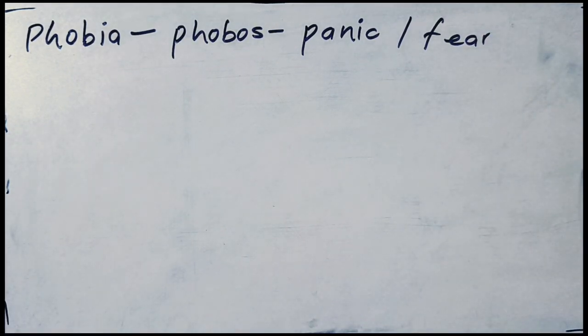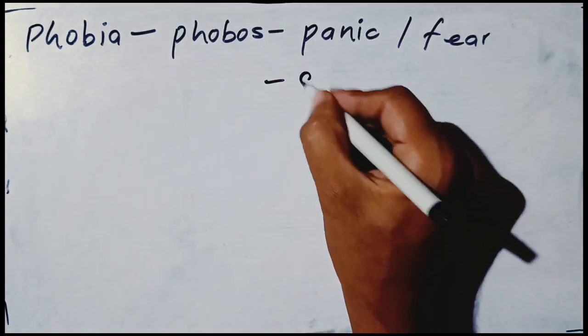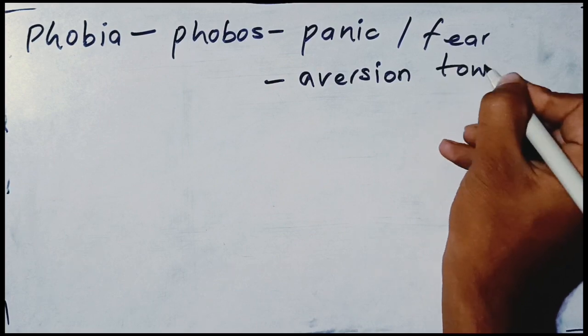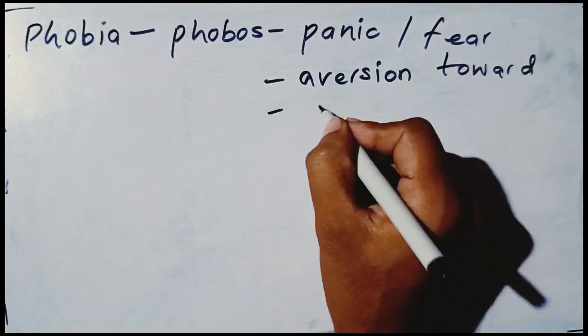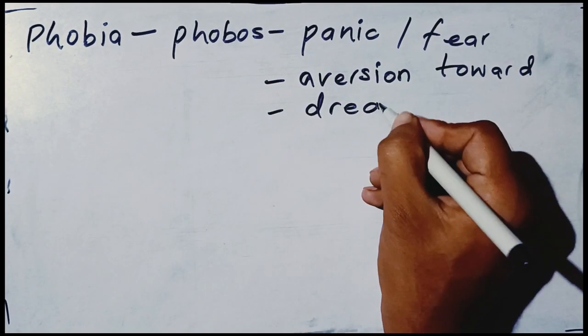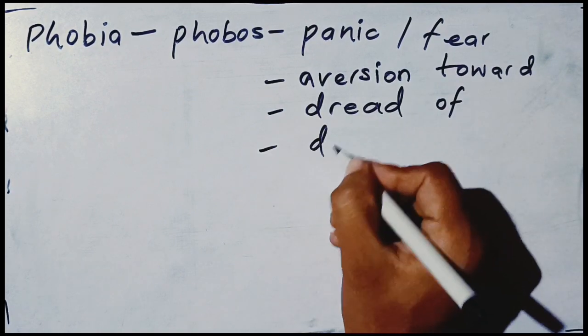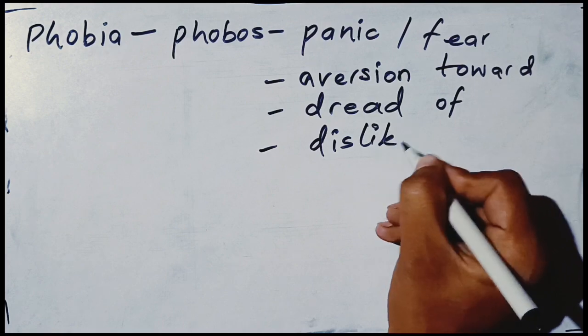Although now it is used in a broad sense, of course, meaning aversion towards something or dread of something. It is kind of a dislike for something, a strong dislike for something.